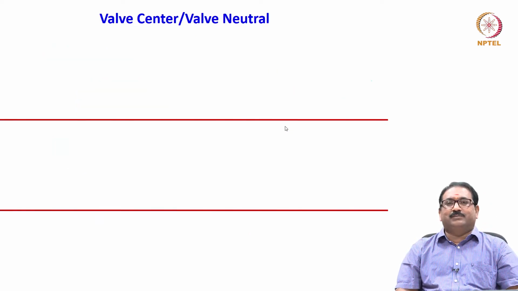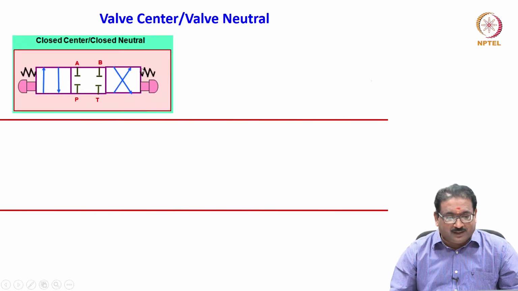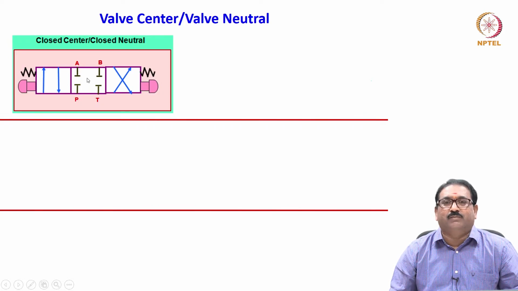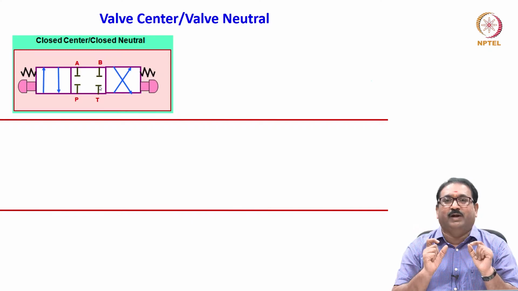For that, there are different types of valve centers to suit the customers. Each center has its own advantages and disadvantages. We will see now. The first center is, we will see here, the middle one is a 0, null position. What happened here, friends? A, B, P, T are all blocked. How is it blocked? Using the spool land, all ports are blocked in the middle position.